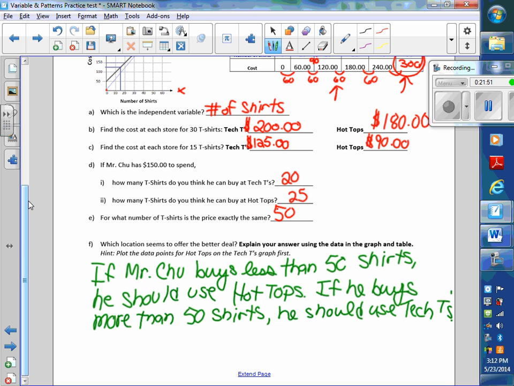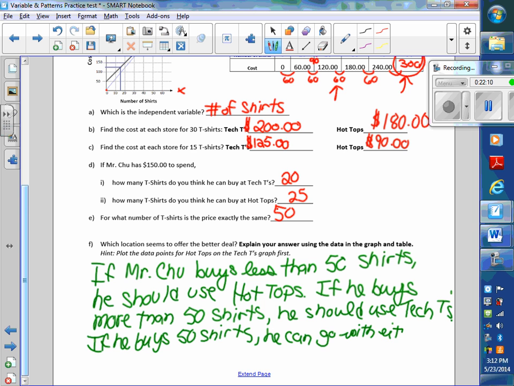And if he buys 50 shirts, it doesn't matter. You can use whichever one's lower. He can go with either. Right?